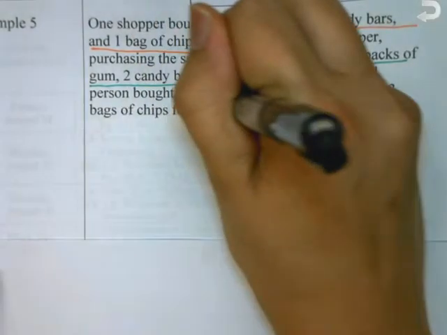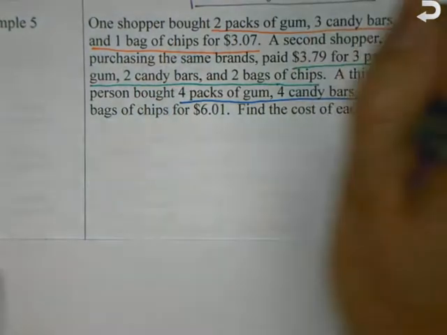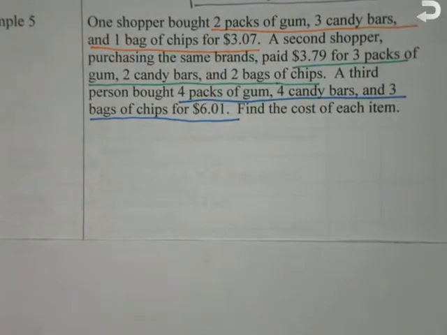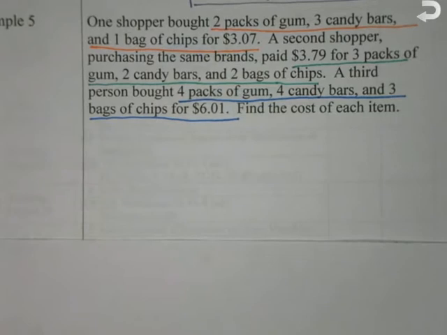So, what we're going to do is first we need to identify our variables. So, is everybody okay with using G for gum, B for candy bars, and C for chips? Okay, so we have to actually write that down.